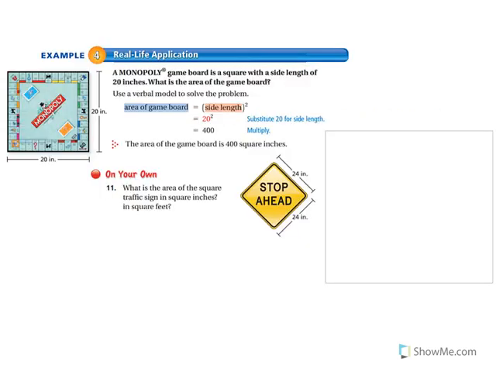Okay? So let's go ahead and try this example here. For number 4, the example, it says, a Monopoly game board is a square with a side length of 20 inches. You can see right here. What is the area of the game board? And so again, all we're doing here is we're going to take the side length, which is 20, and since it is a square, we just are going to square it. So I get 20 squared, which is the same thing as 20 times 20.